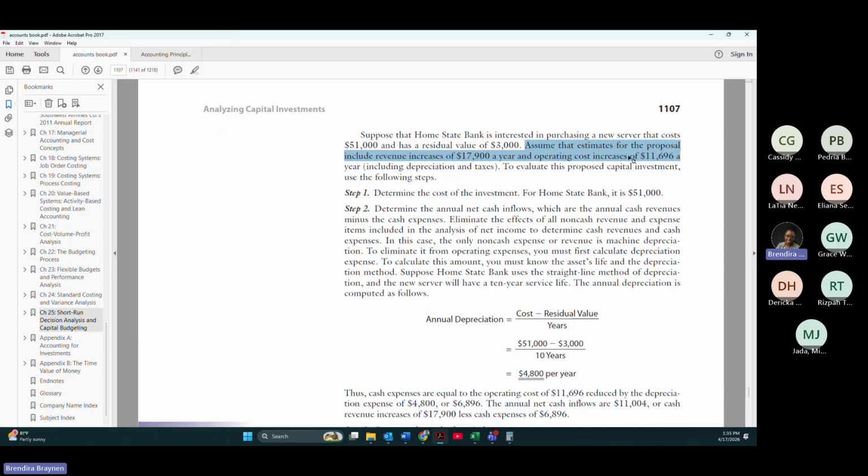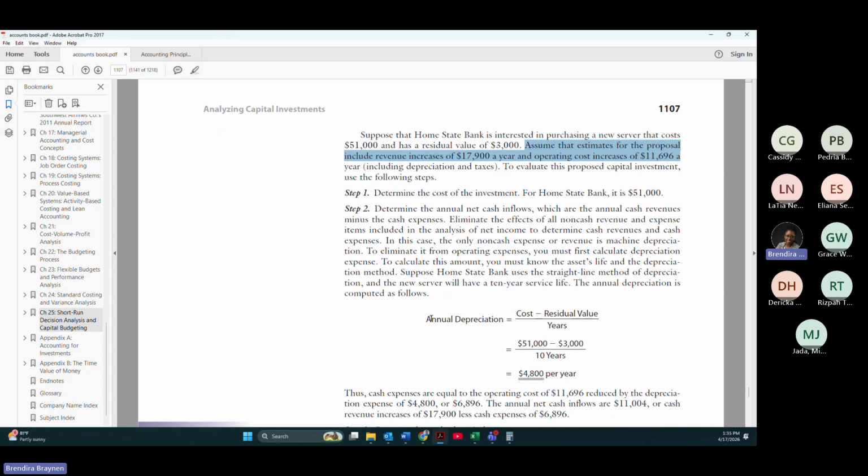Sometimes they tell you how much depreciation is. You just subtract it from the 11. Then you take 17 minus whatever the difference was from there. That's your net cash. We subtract that depreciation from there. If you don't know the depreciation, you have to calculate it.